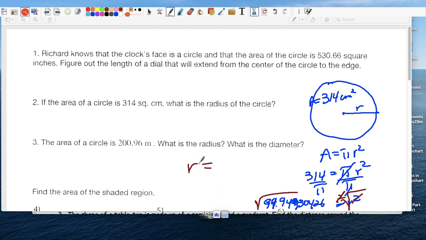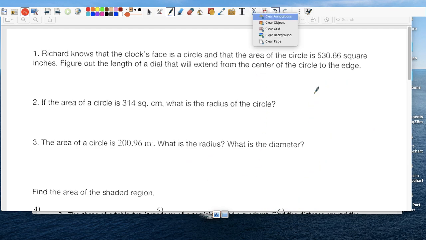R equals, and if you press square root, move the cursor up, press enter, it transfers to under the radical, and press enter again, you get 9.997. I don't want to say it's 10, but I guess for all intents and purposes it rounds up to 10, plus or minus 10. We're taking 10 as the radius, 10 centimeters.